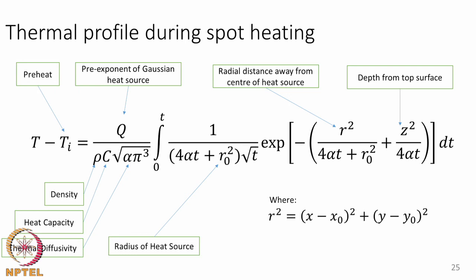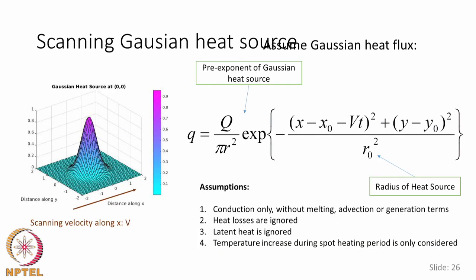As you can see, the radius of the heat source goes into the denominator in the exponential function, which means that it is one of the most sensitive parameters affecting the temperature of the weld pool. The radial distance is expanded in the form of the x and y distances, and x 0 and y 0 are the center of the heat source.